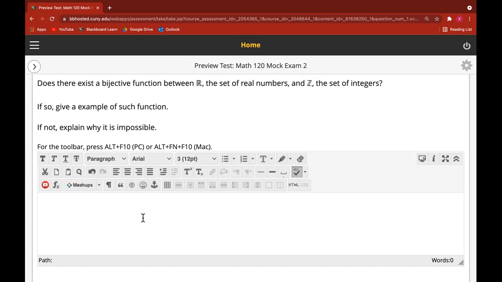So, okay, we want to find a bijective function from the set of integers to the set of real numbers.